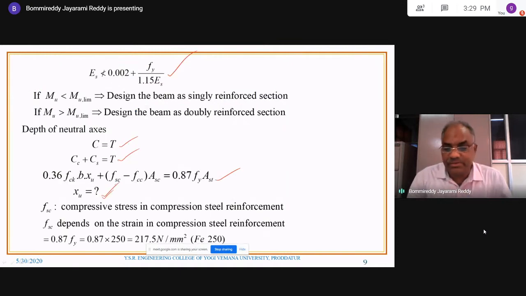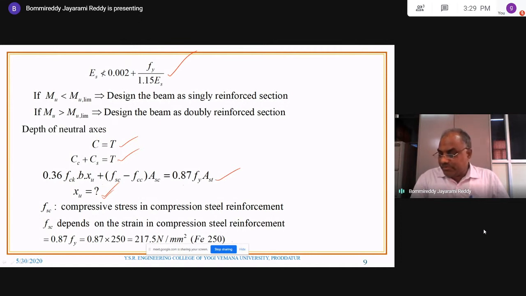This fsc value depends on the compressive strain in steel reinforcement. See, always stress is completely depending on the strain. If the strain is more, compressive stress is also more.